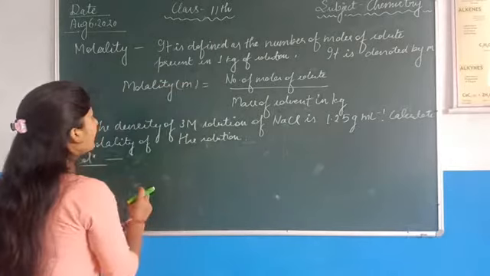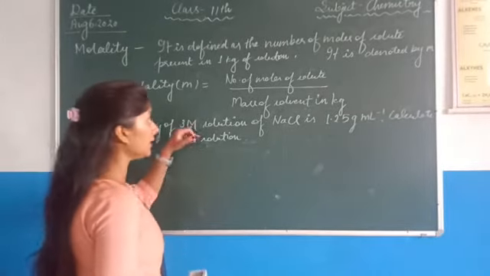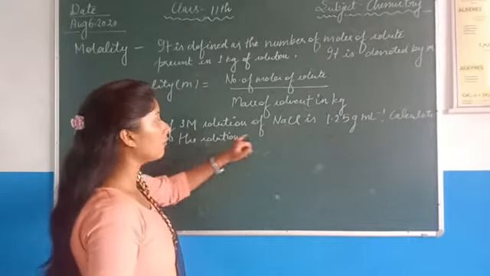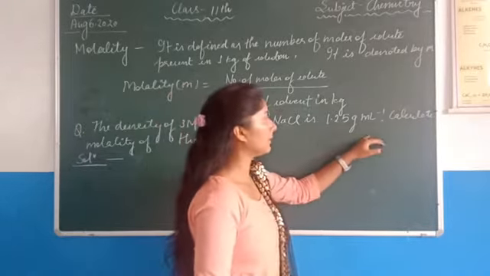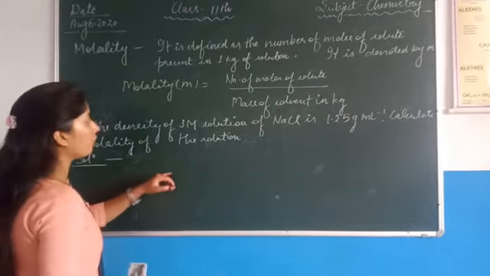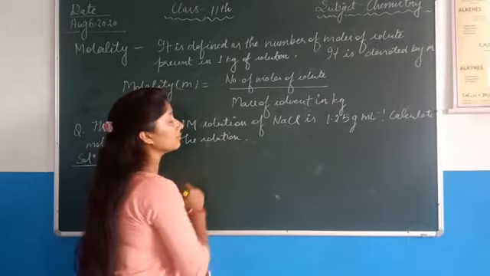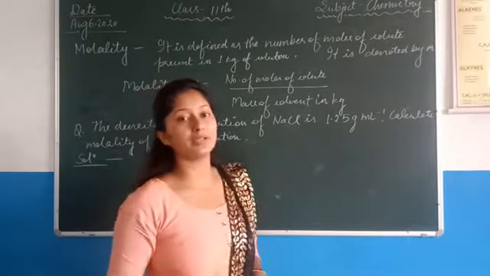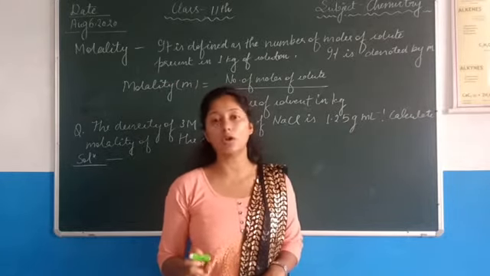Simply, we have given such problem that the density of 3 molarity solution of NaCl is 1.25 gram milliliter inverse. Calculate molality of the solution. Okay, so we have given such problems in chemistry to calculate molality, either molarity.